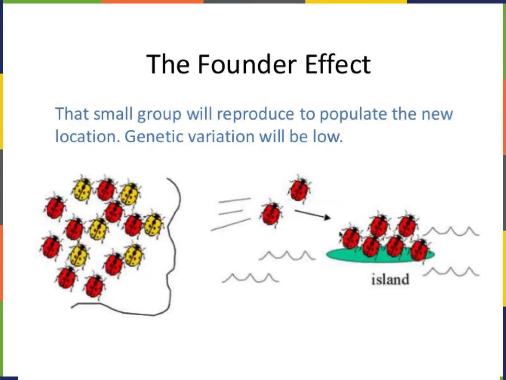You can also have the founder effect. So the founder effect is when you have a population get separated, and so the founder group is small, and the new population will only have the traits of those founders. So there's low genetic variation within that area.